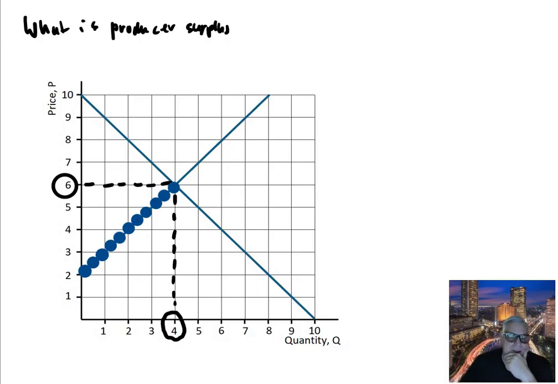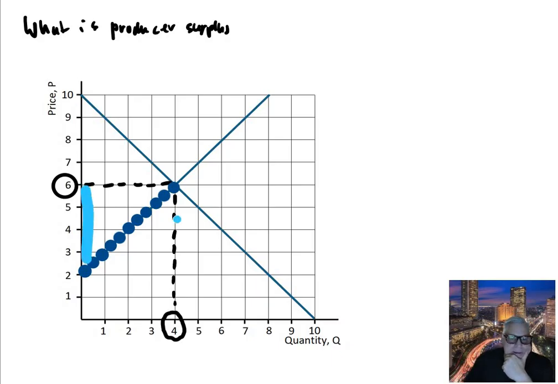So now here we have that lineup, and of course some producers have a lower willingness to sell than the price they actually get. And those producers also get surplus.